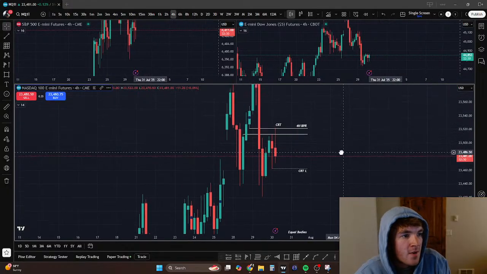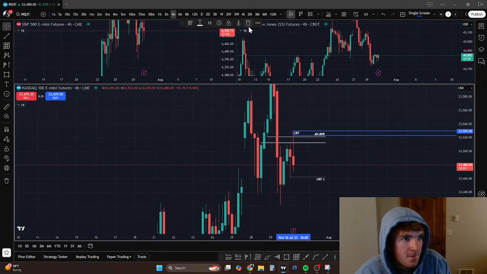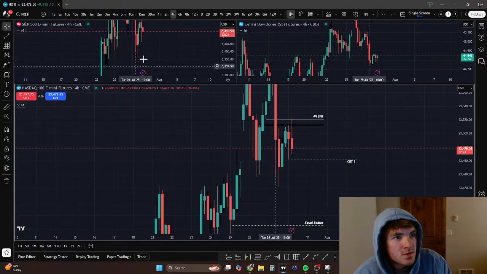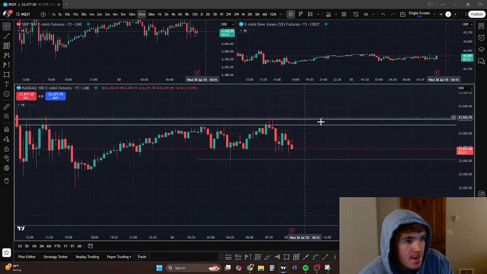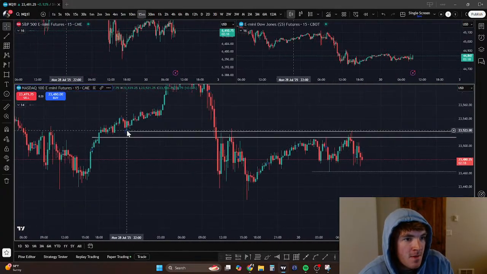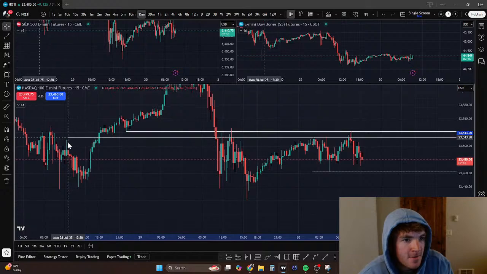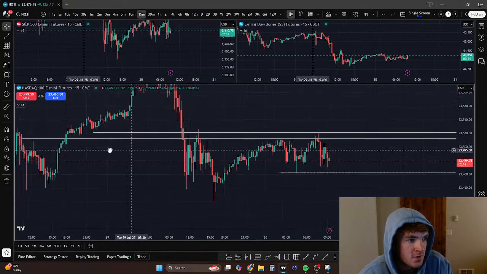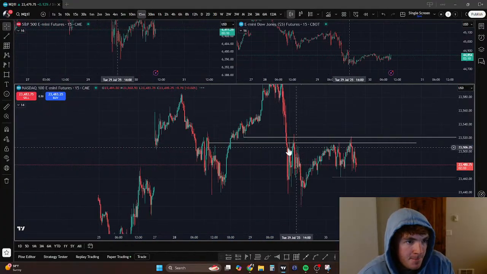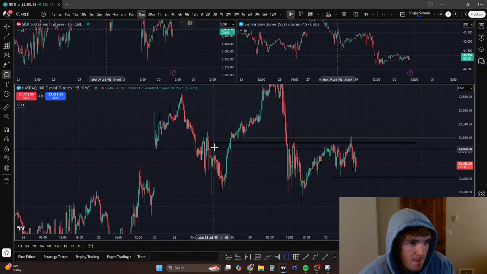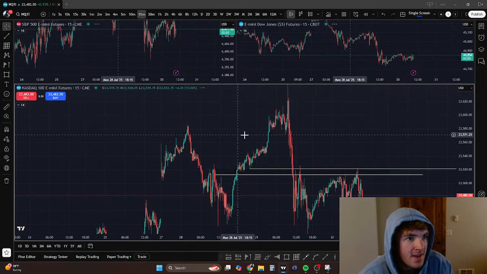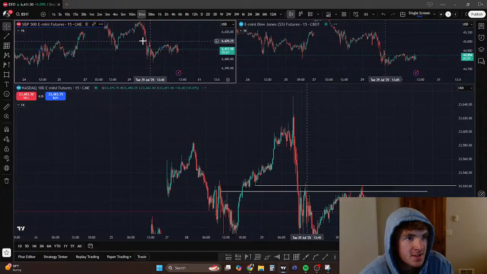Okay, the 4-hour BPR actually looks pretty clean. So where's midnight again? I honestly, we might be looking to see if we can get an entry above midnight to go short. Because once again, we do have that higher time frame bearish SMT.